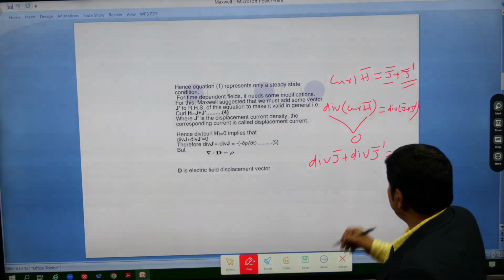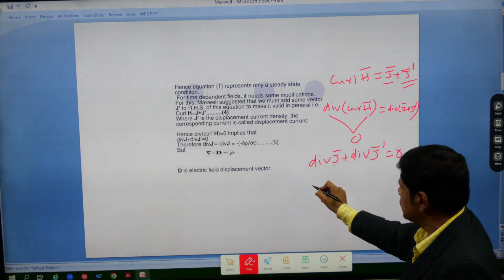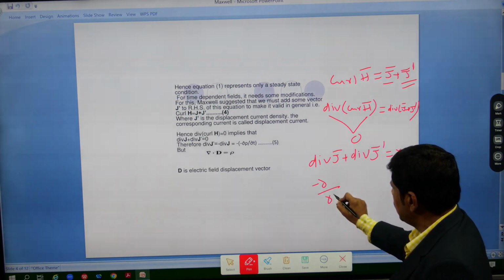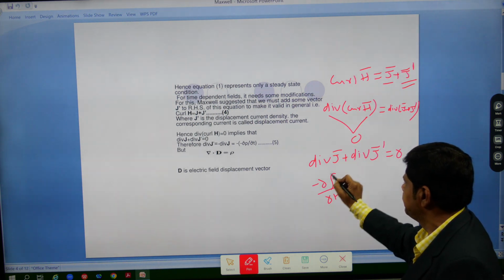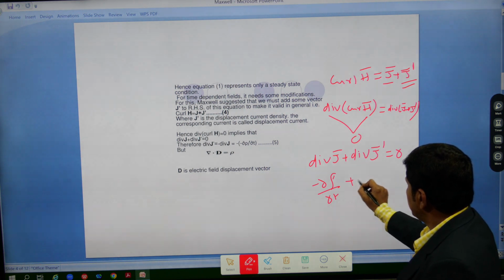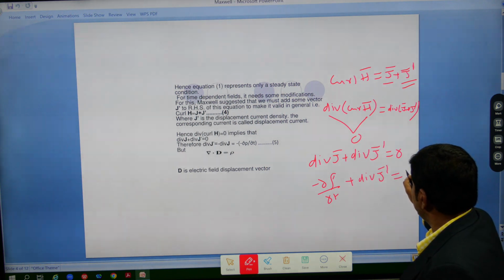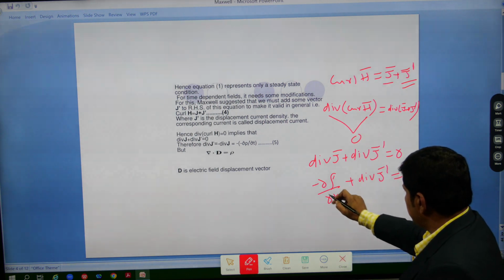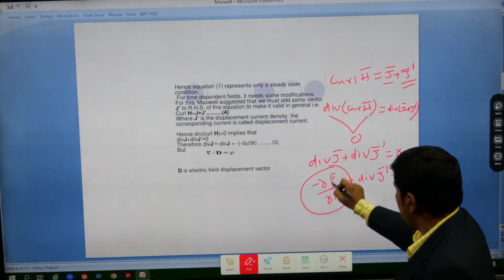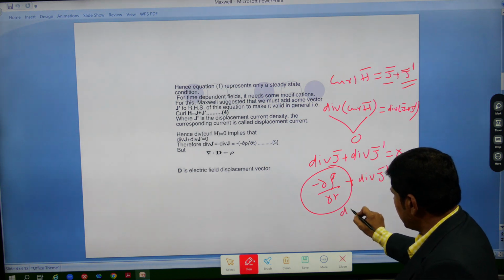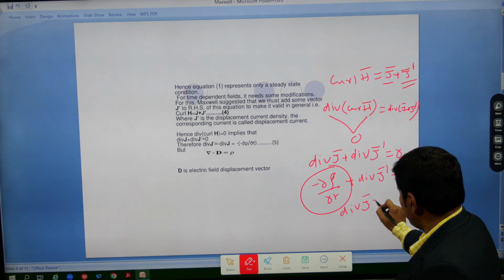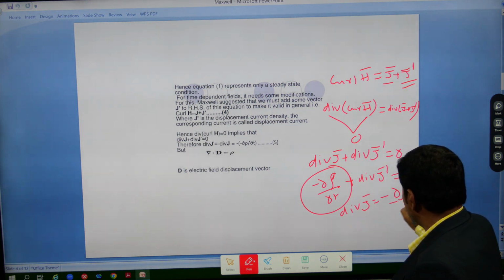From the continuity equation we know that divergence of J bar is minus dou by dou t of rho, the volume charge density. So plus divergence of J bar dash is equal to 0. Taking minus dou by dou t rho to the RHS, I get divergence of J bar dash is equal to dou rho by dou t.